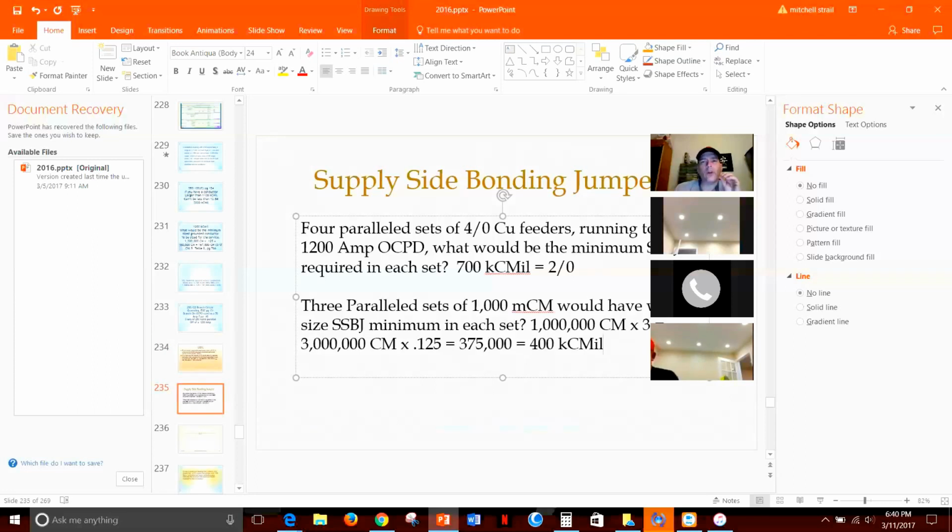So it'd be a 400 KC mil, but that would be the minimum size system bonding jumper. That's not what we use to size the table. We're at 400 KC mil now, not too off. Right. And that's the difference: because of that math down there, you've got a lot more room to have much larger wire sizes than you ever could have had with the other table, the GEC table.